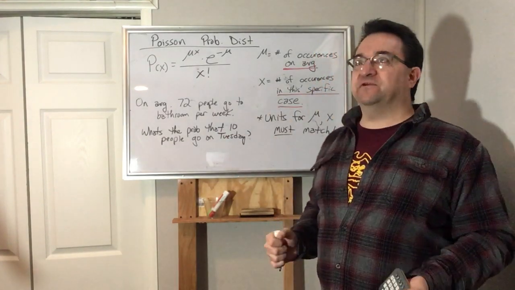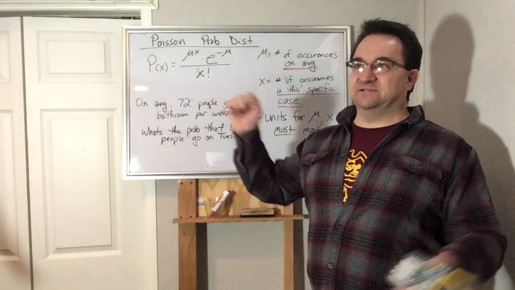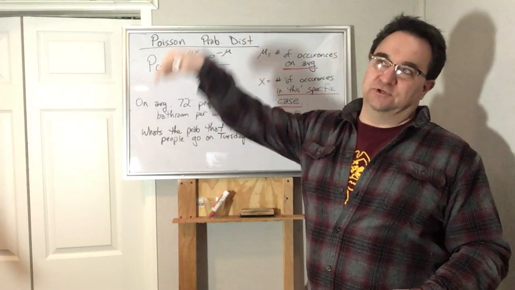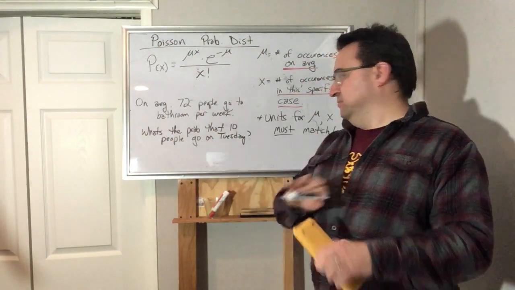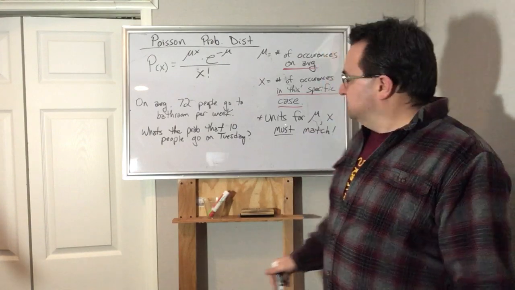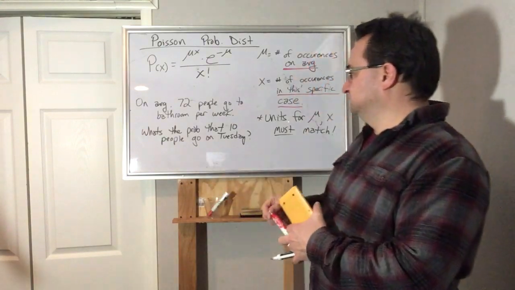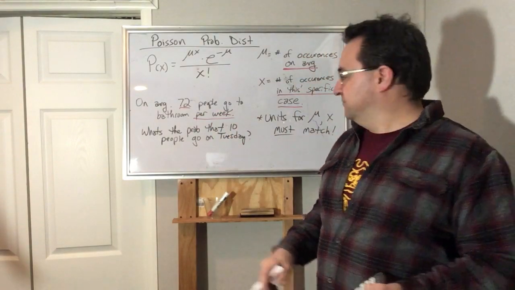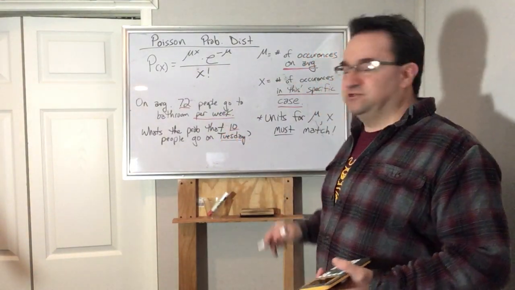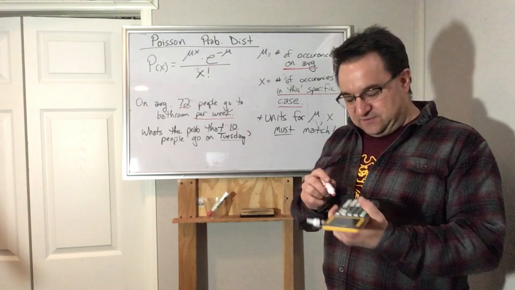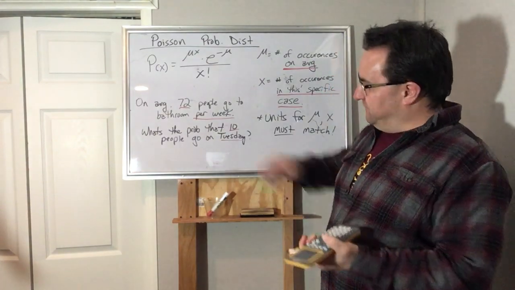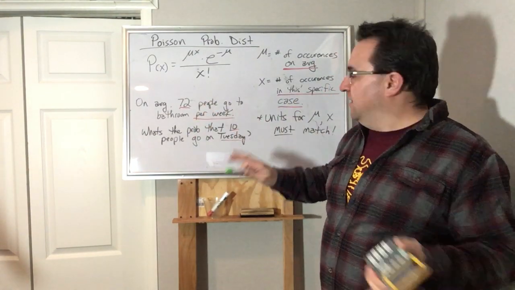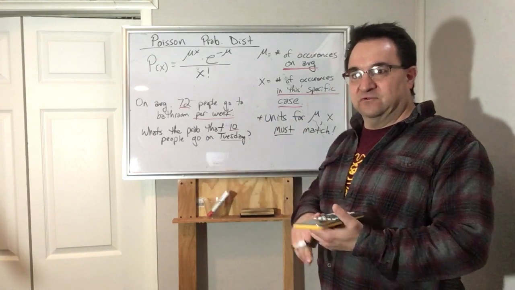And I'm specifically wanting to know, let's say today's Monday, tomorrow, Tuesday, what are the odds that 10 people go over the whole day? See the problem here? This number is associated with a whole week, whereas this number is just one day. So that is a mismatch, and if I use these numbers, however you do that, I'm going to get the wrong answer even if I do everything right.